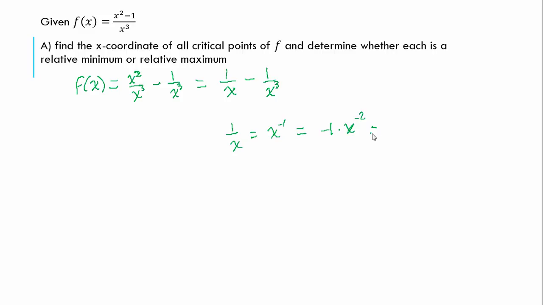And then when we want to turn that back into a fraction, it's going to be 1 over x squared. The trick is you take the function, change the sign, so if it's positive, turn it into a negative, and then you raise the power of x. So we have f prime of x is equal to, like we showed before, negative 1 over x squared.